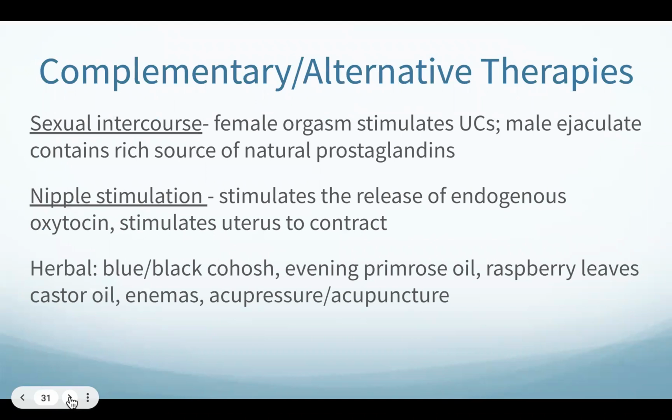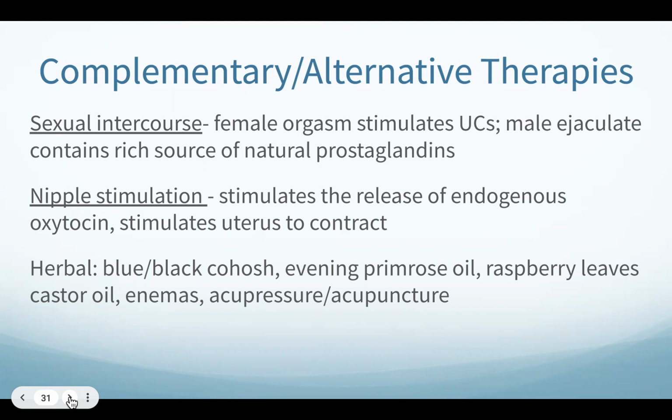And I need to mention the non-pharmacological. So the three we're going to talk about are sexual intercourse, nipple stimulation, and different herbs. Sexual intercourse: the female orgasm stimulates uterine contractions, and the male semen is rich in natural prostaglandins.